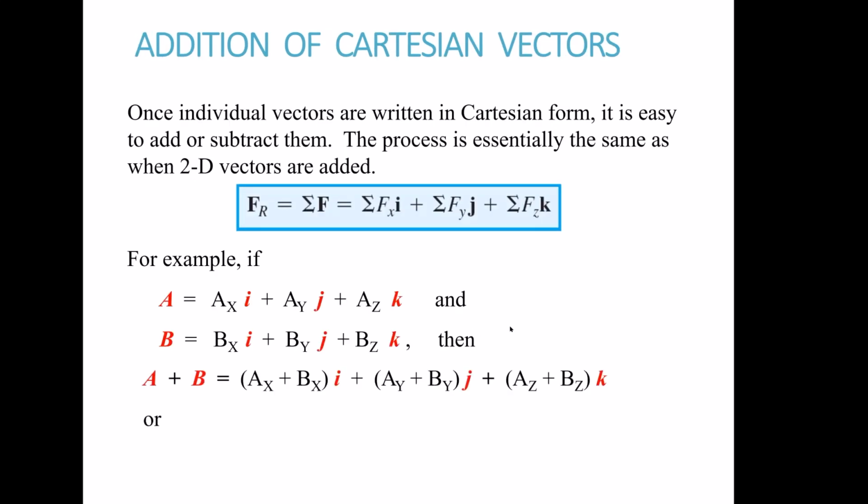Now, of course, as before, if we wanted to come up with a resultant vector from these, we would just add the individual components like before, except now you have this additional direction along the z-axis.